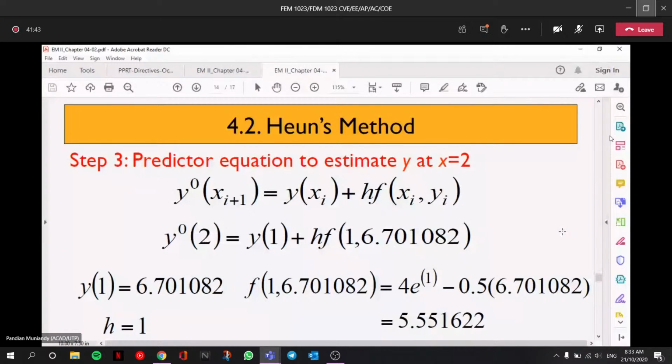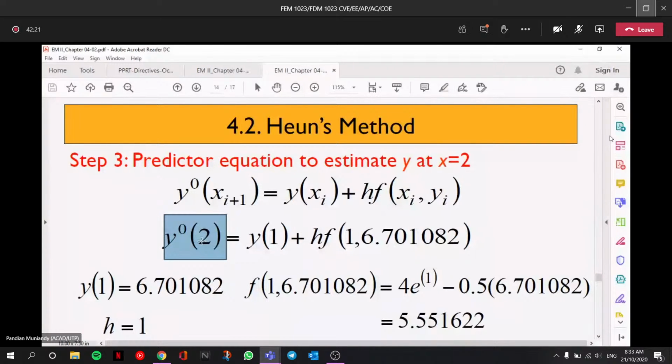At x equals 2, first y0 at x(i+1), y(xi) plus h f(xi, yi). This is the predictor. Now we are doing the last x. We have to stop at x equals 2. So you have to repeat the two steps again, that is predictor and then corrector. So we are finding the y0 at x is 2, the next x.